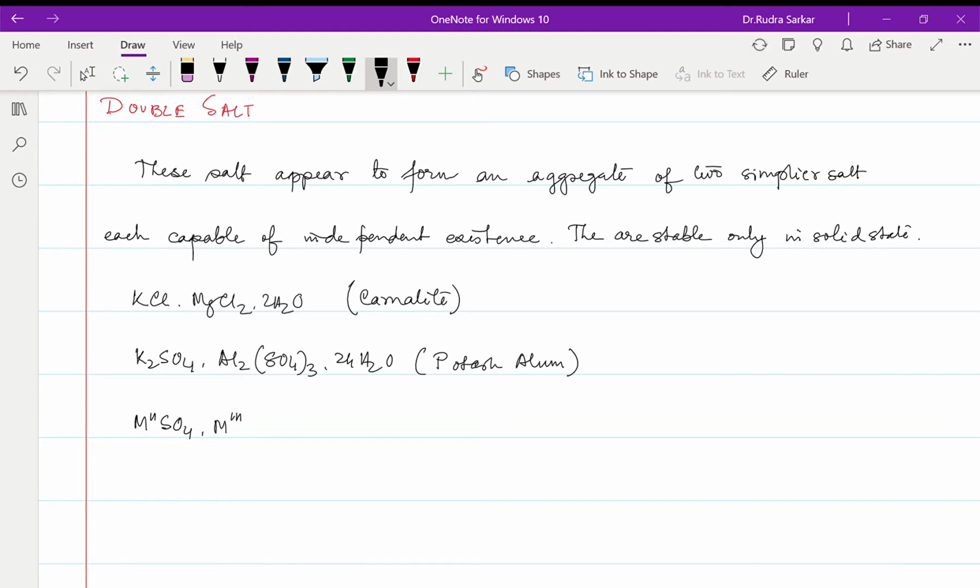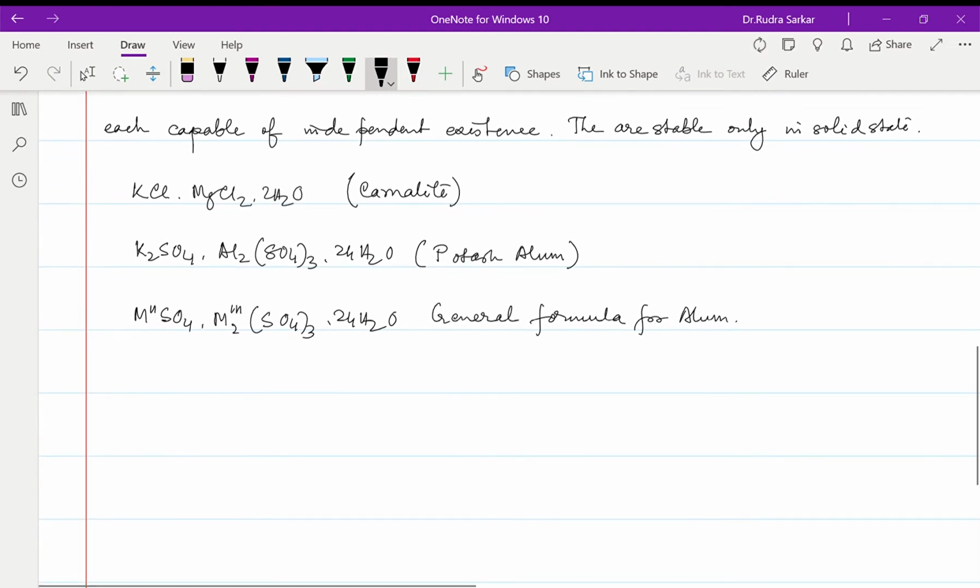So MSO4.M2(SO4)3.24H2O is the general formula for alum, and all alums are basically your double salts.